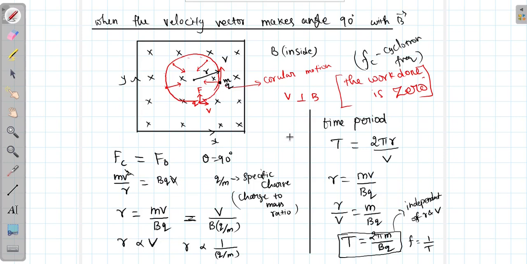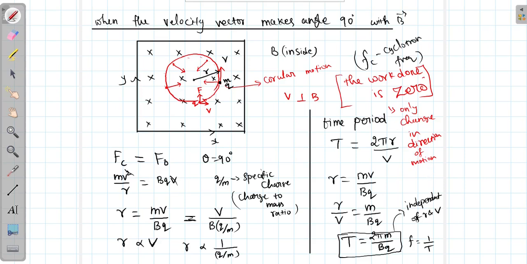It only produces a change in direction. No change in speed, only a change in the direction of motion. So that's all with the magnetic field.